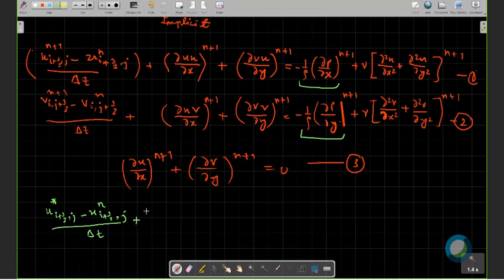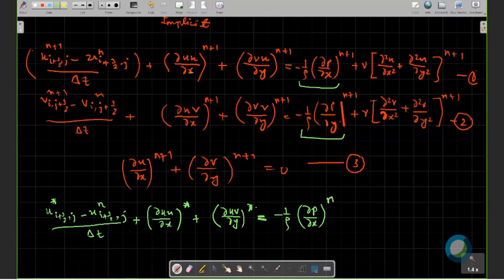I'm writing del u squared del x again as a star value. Since I'm changing these values, these are not the actual n plus 1th level values. They are intermediate level values with a known pressure field. That is what I'm saying. So I'm writing del uv del y star, and then 1 by rho del p del x.